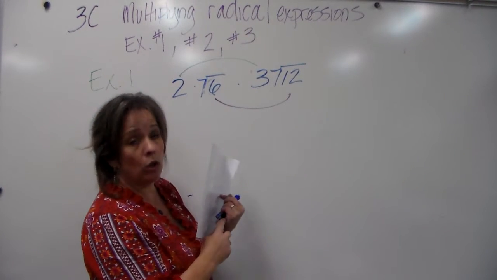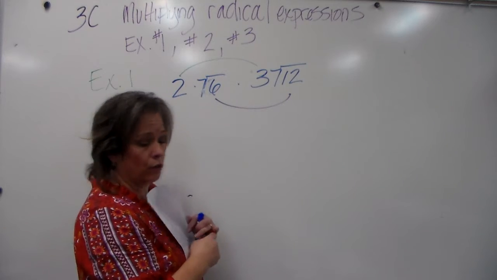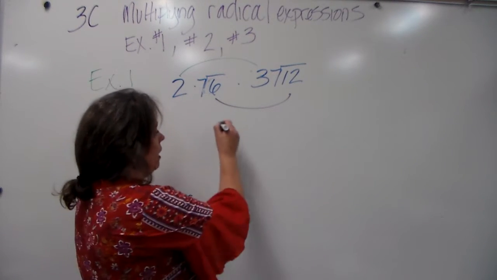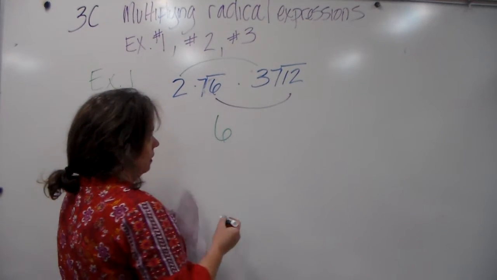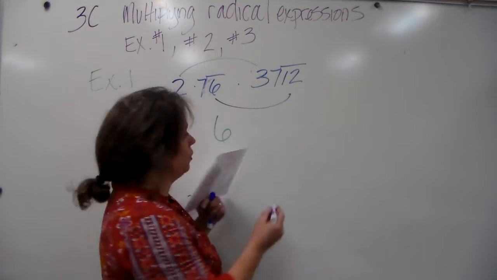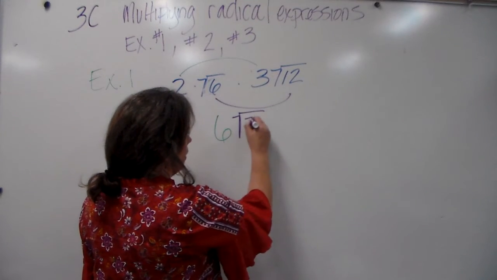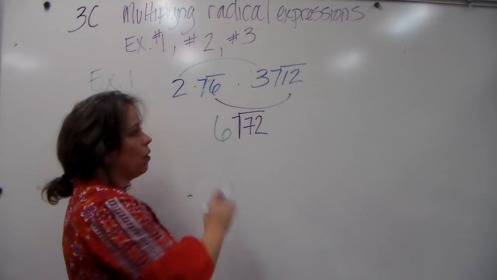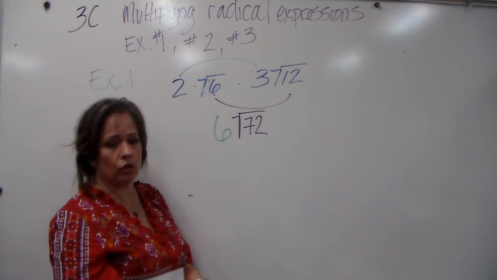Okay, that's how we'll multiply radical terms. So we multiply 2 times 3, that'll give us 6. And then when we multiply that root 6 with the root 12, we get the square root of 72. So this is how we multiply radical terms.